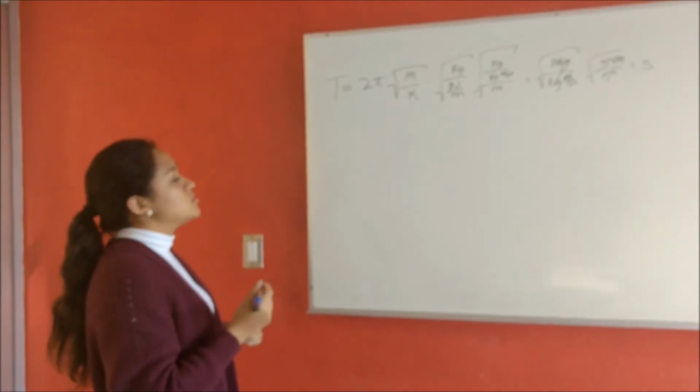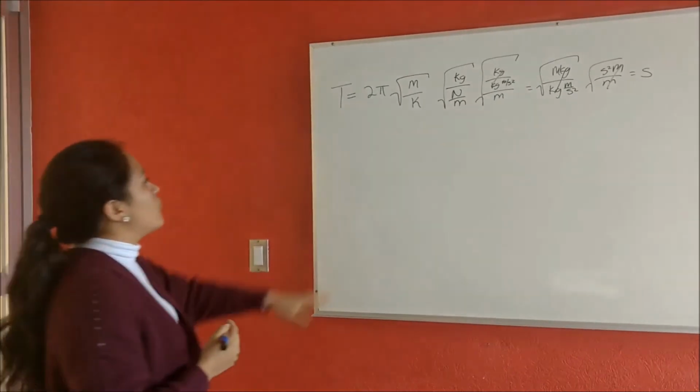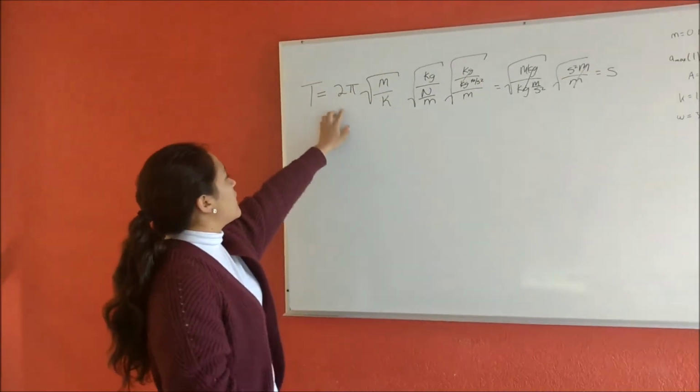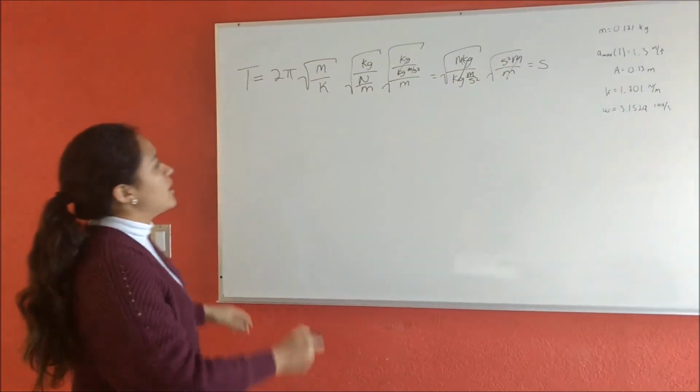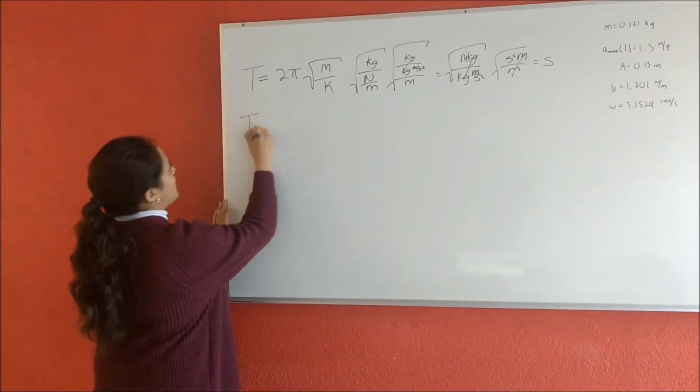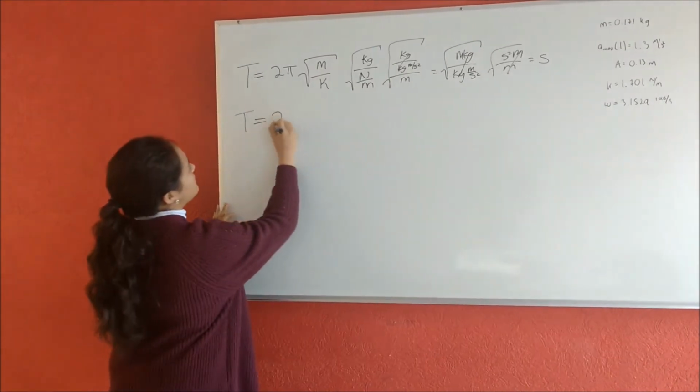newtons. To obtain the period, we use this formula, and then we substitute the values that we previously obtained in previous exercises. And if we substitute, it will be like this.